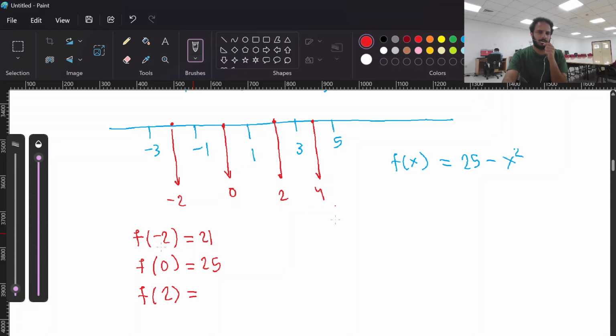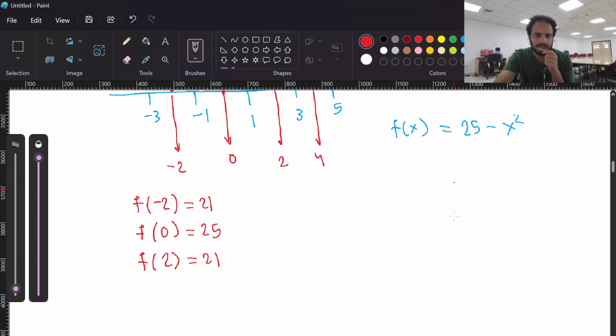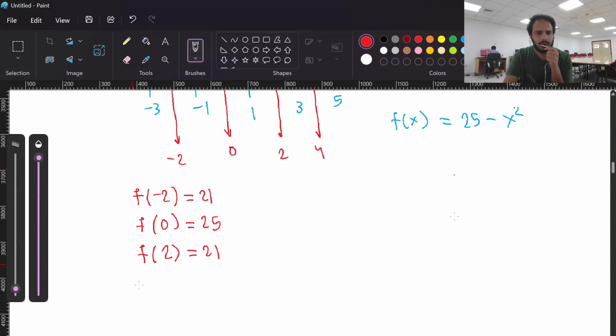Let's continue here now. So f of 2 is 25 minus 4, 21. We need to hurry here. Then f of 4 equals 25 minus 16, 9. Then you add these and multiply them by 2. Call it M4, okay?